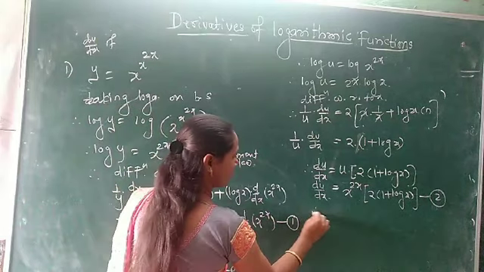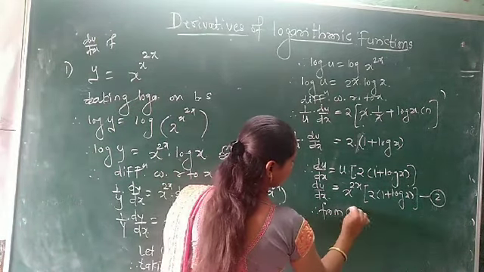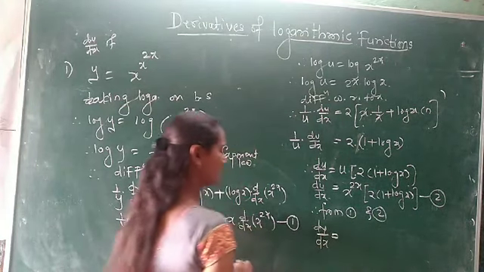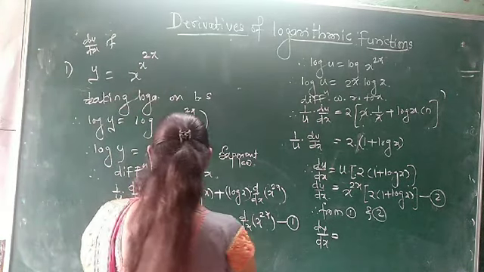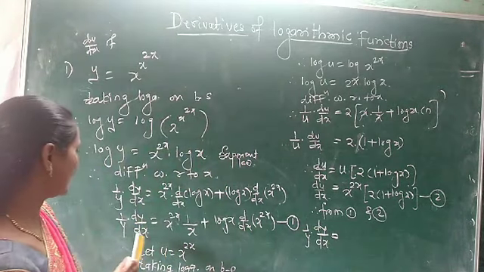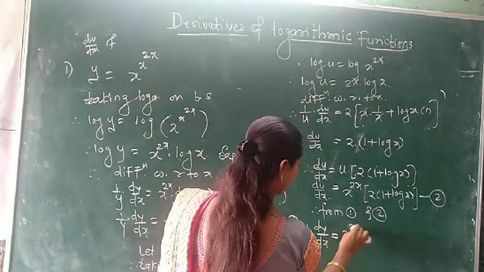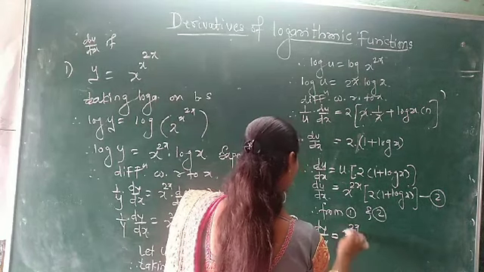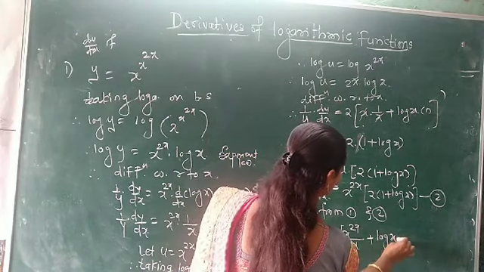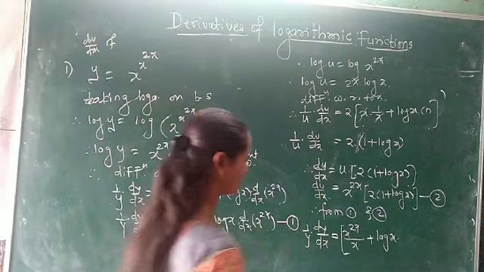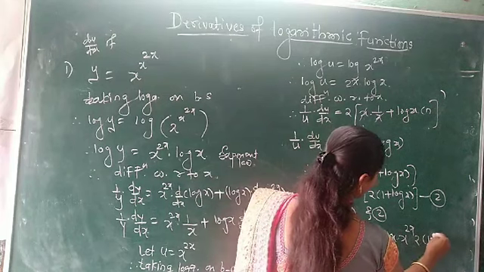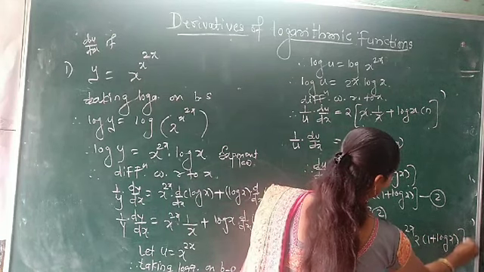So from 1 and 2, 1 upon y into dy upon dx is equal to x raised to 2x upon x, plus log x into the derivative of this term, which is x raised to 2x into 2 into 1 plus log x.